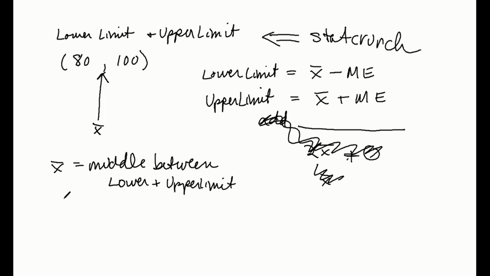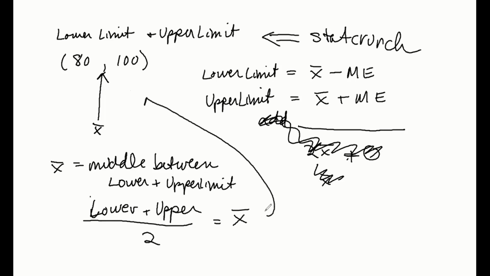So if you add them together and divide by 2, you're going to get X bar. So in this case, it's going to be 80 plus 100 divided by 2 is 180 over 2 is 90. So it's just exactly in the middle.